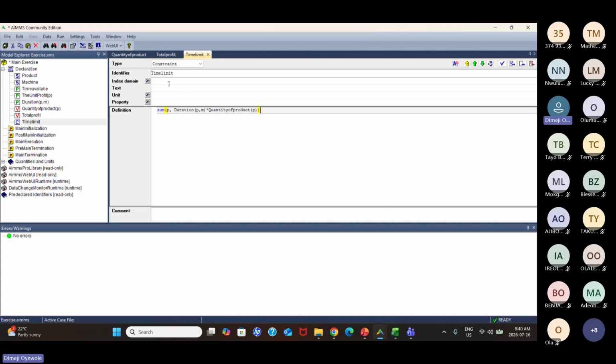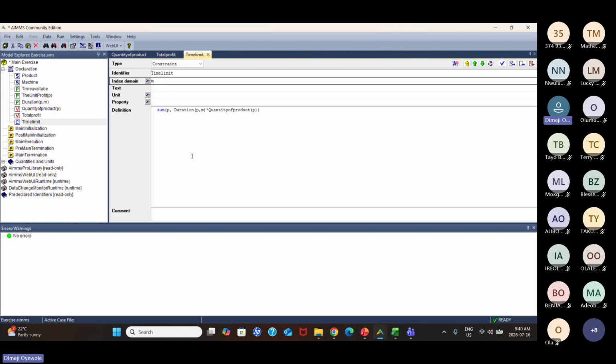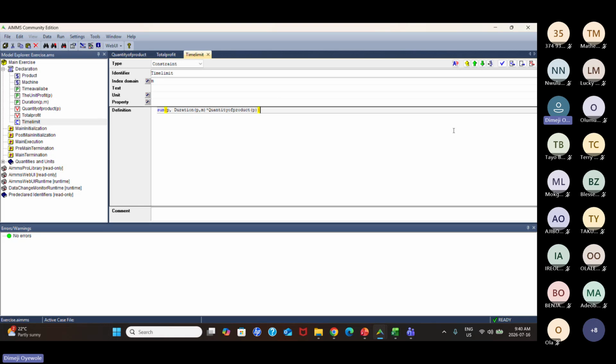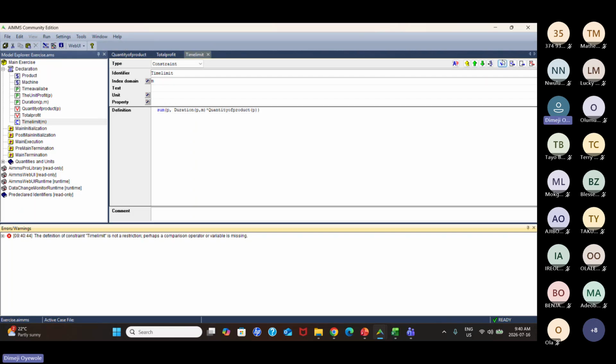Then for all hem, so you put the hem here as the index domain. And I want to check and commit, and I wait for the response of AIMMS, check and commit, and it's telling me there's something missing. The definition of constraint time limit is not a restriction. Perhaps a comparison operator or a variable is missing.